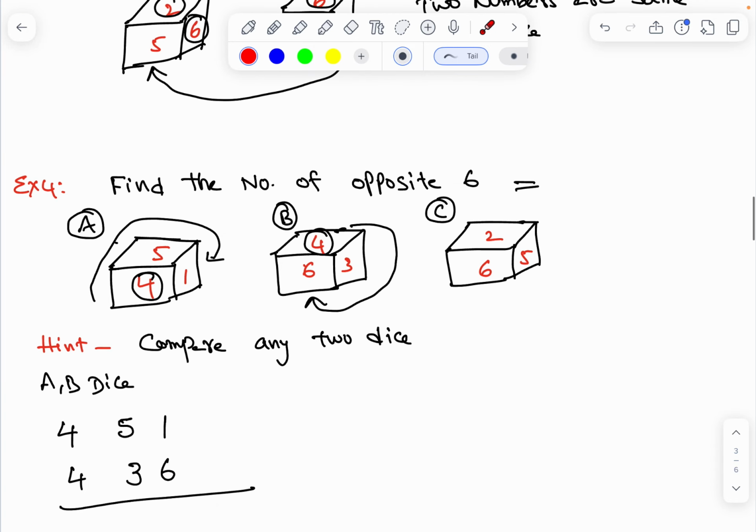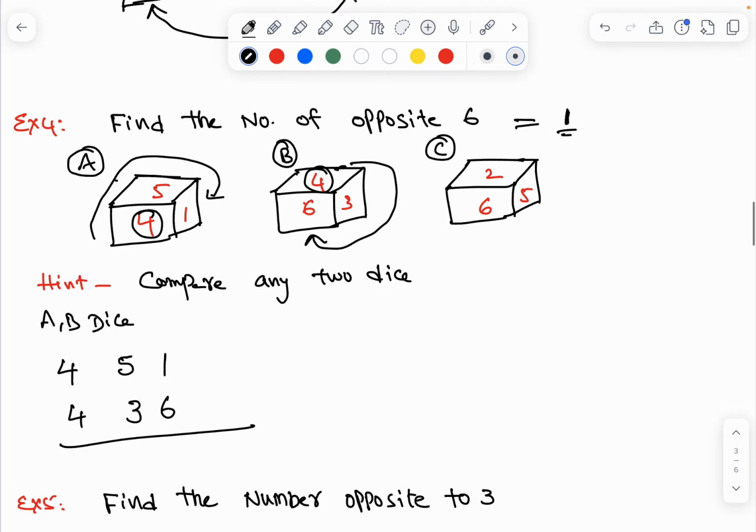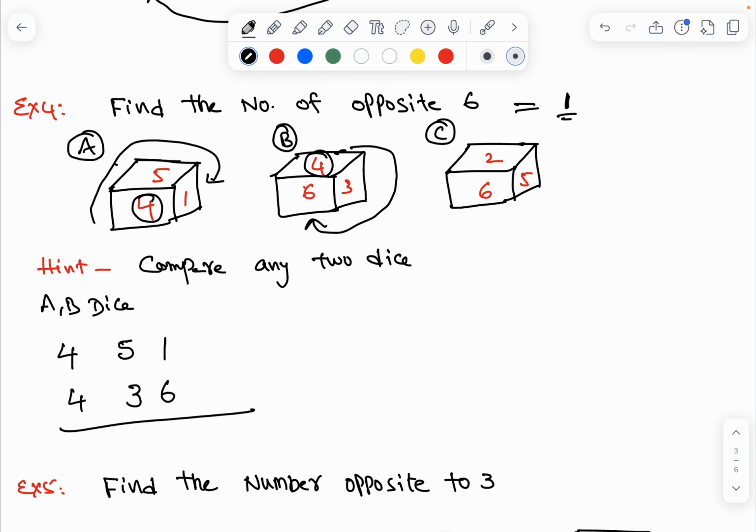Therefore, the answer is equal to 1. What is the opposite of 4? The opposite of 4 is equal to 2. There is only one number missed, that is the opposite of 4. I am taking another method, method 2 also.